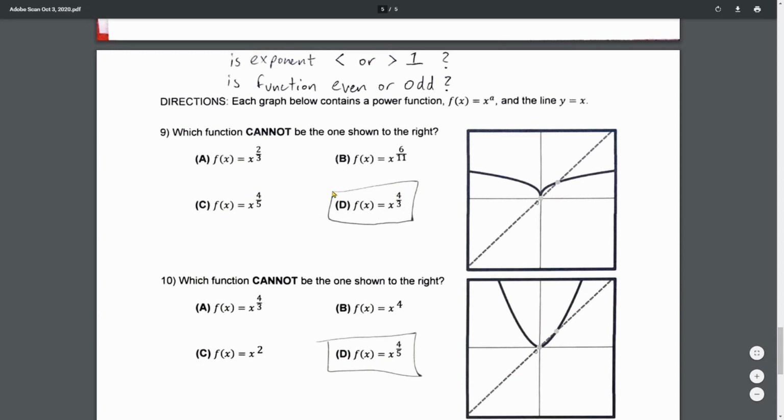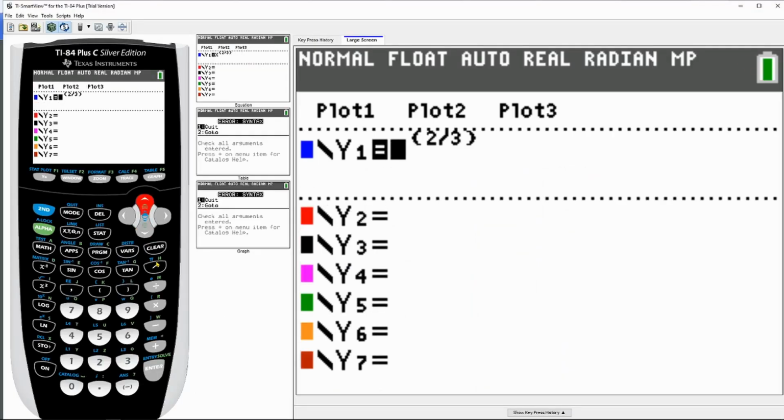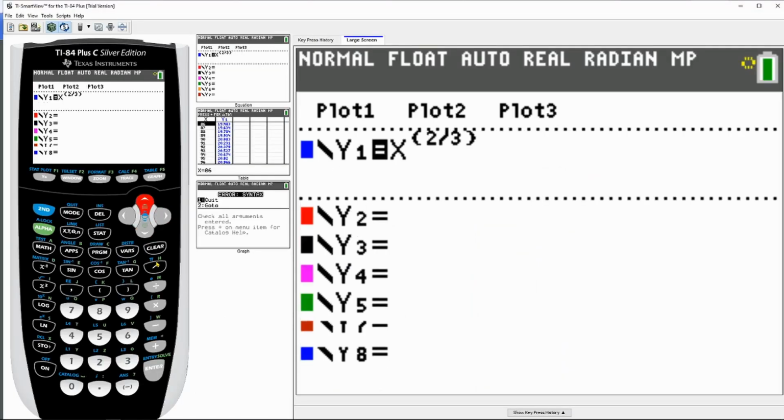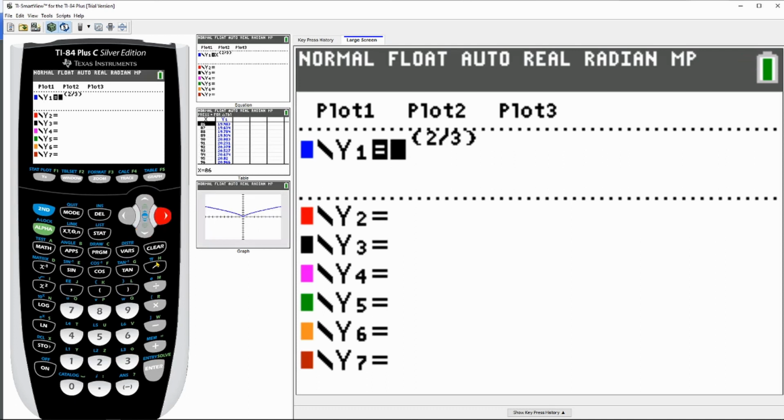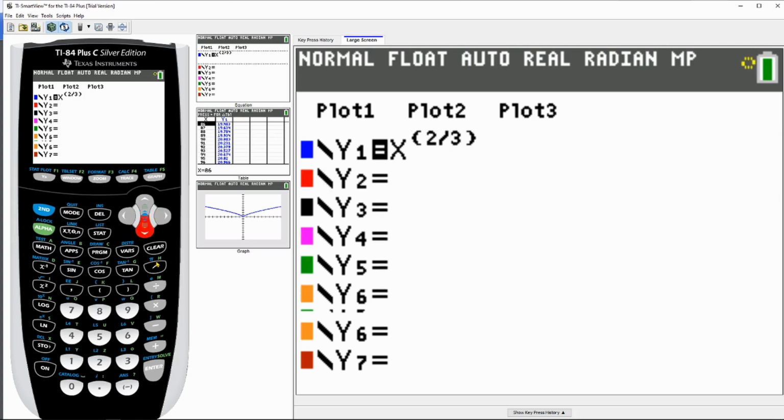Another thing you can do, if you're not sure and you are allowed a calculator, is plot all of these onto your graphing calculator and look at which function is different. I'm going to show you an example of that. For that problem, our first equation was x to the 2/3. Make sure that you do have these parentheses when you're typing it into your calculator. That's very important.